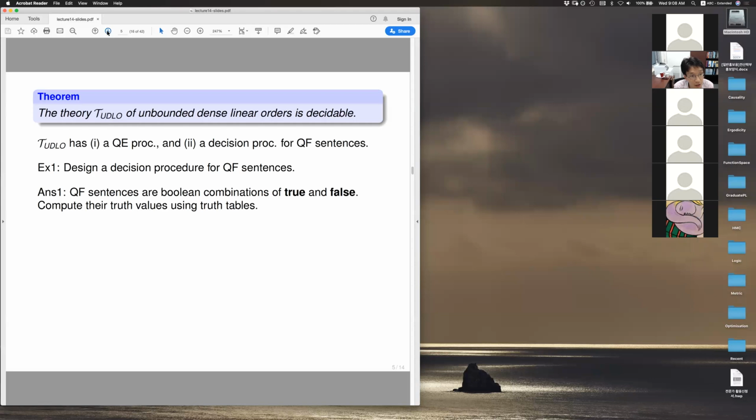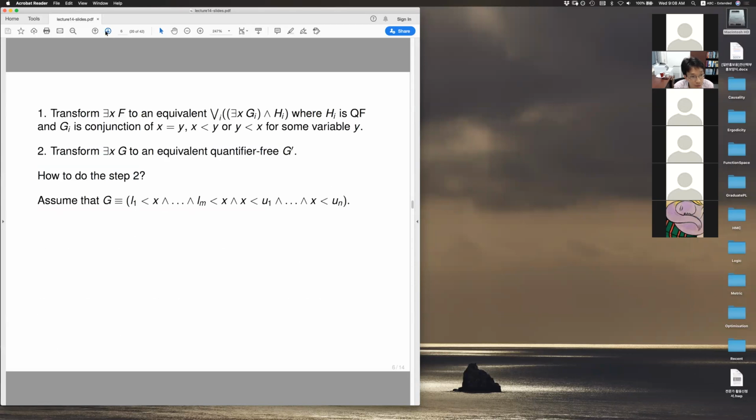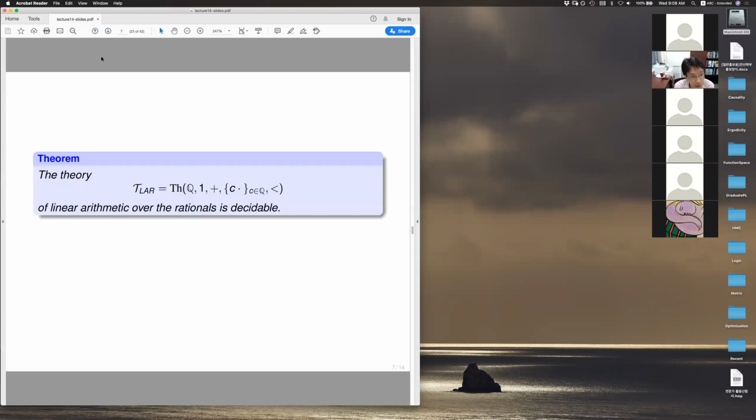And another theory, whose proof we didn't really see, but it can be proved in a very similar way: the theory of linear arithmetic over rationals, which is the theory generated semantically from a structure where the underlying set is the set of rational numbers, and the operations are essentially from linear algebra. We have additions and constant multiplication and so on.